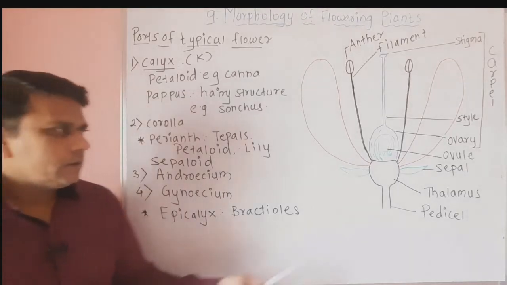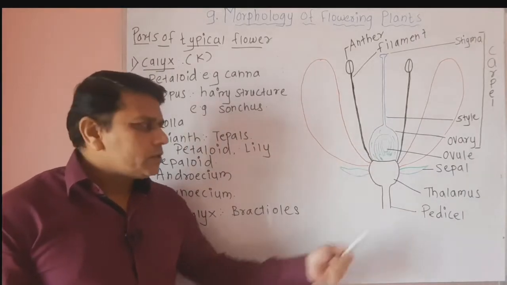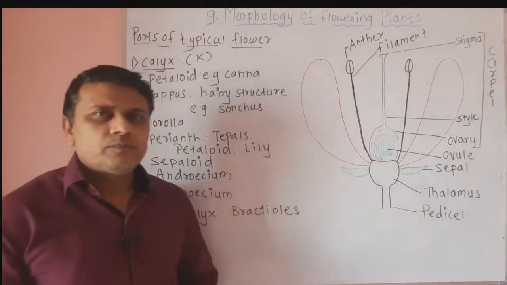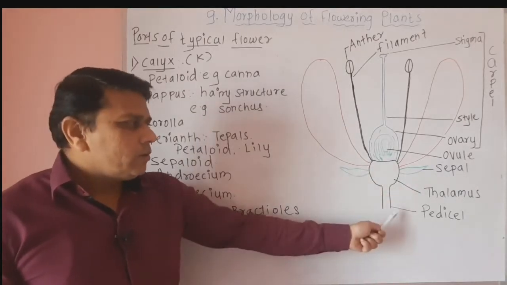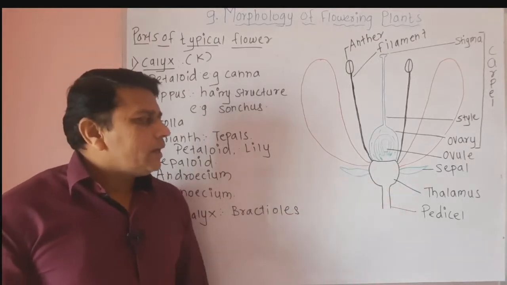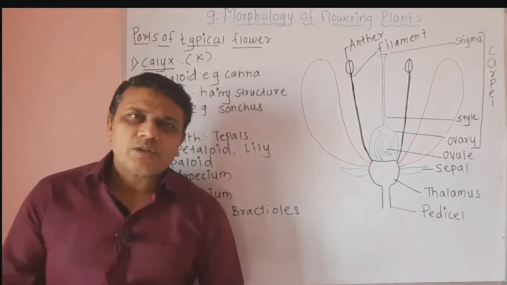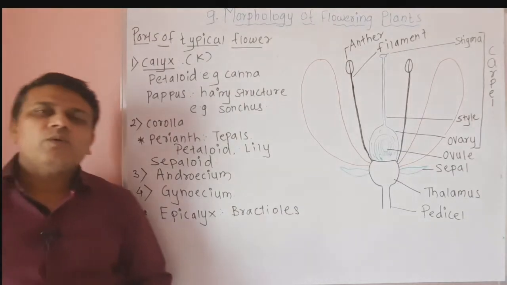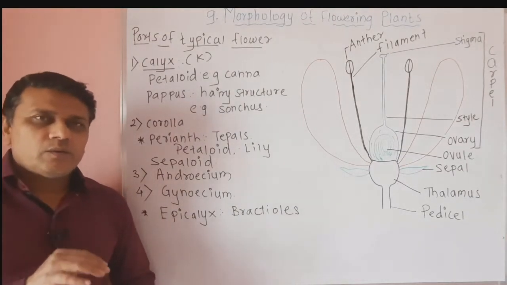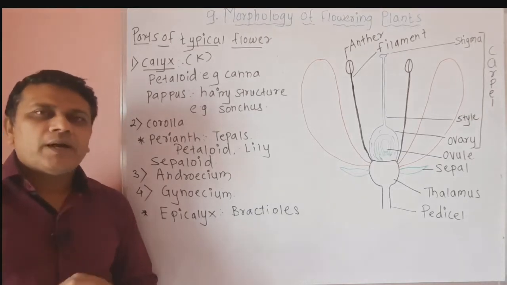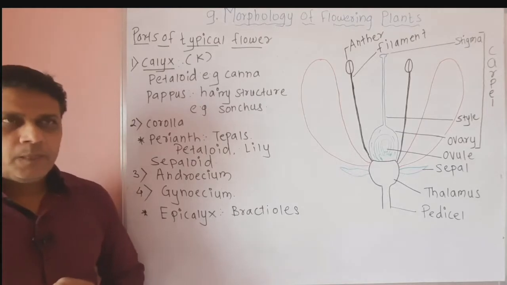Now the stalk of the flower is called as pedicel. Then comes the thalamus. Now thalamus is the enlarged tip of the pedicel and it consists of total 4 nodes and 3 internodes, and on these nodes the floral parts are developed in a proper manner.